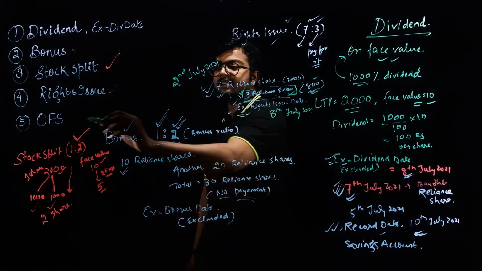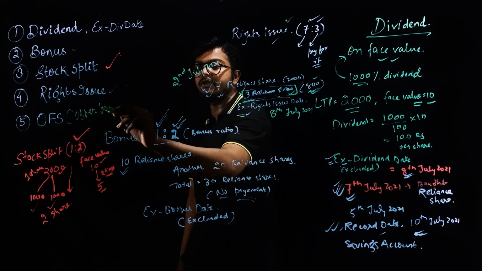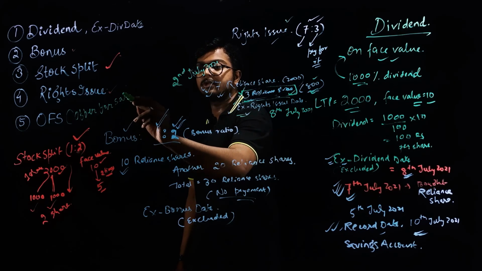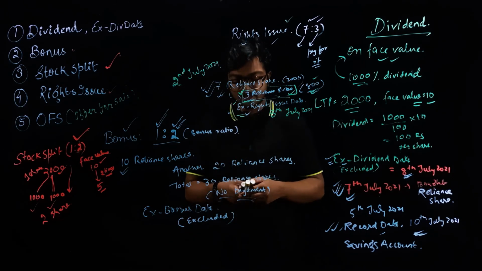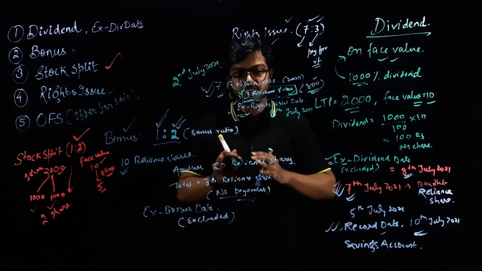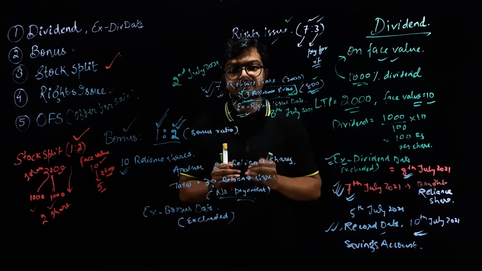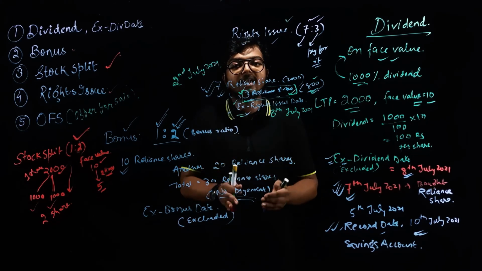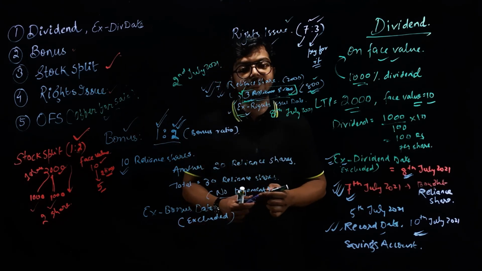Now in the end we would see OFS, which is also known as offer for sale. So what does it mean? Remember that the promoters can hold a maximum of 75% of the shares in a company. Now if they want to sell these shares in the open market, they can sell through OFS or offer for sale.